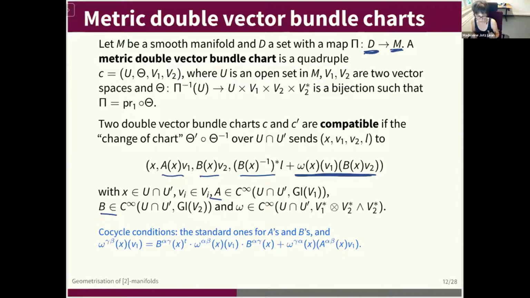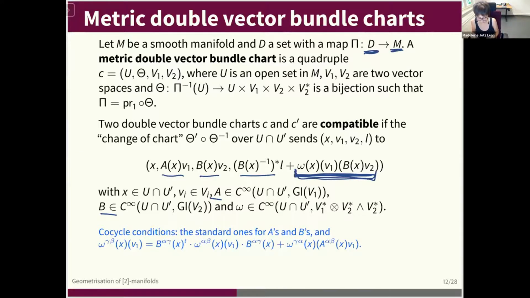The idea is really, if you start with your double vector bundle and look at local trivializations of the sides and core, using the decomposition, you will have an isomorphism like that. But when you change your local trivialization, a priori you also change the decomposition, and that's really the change of decomposition.